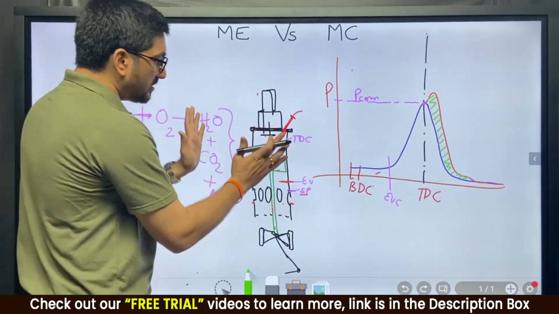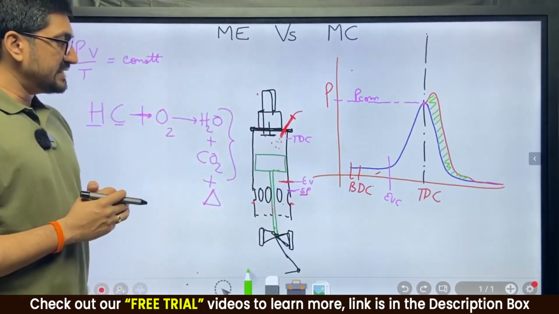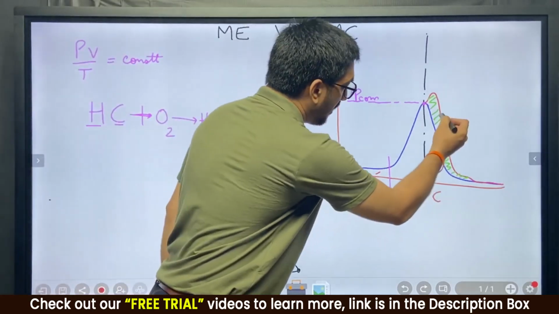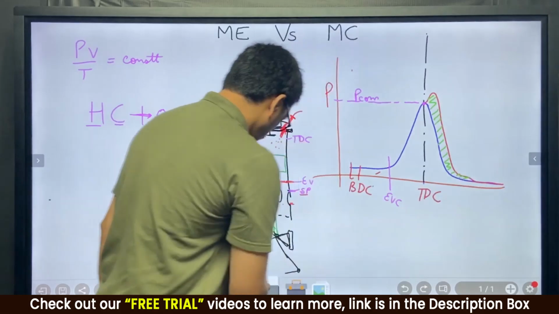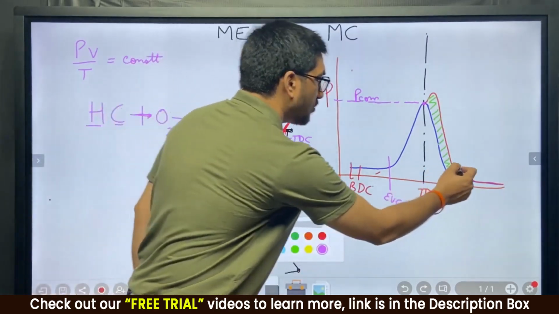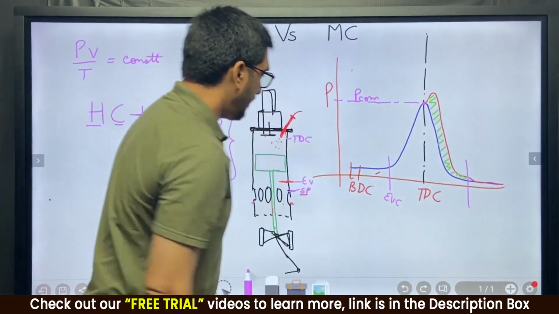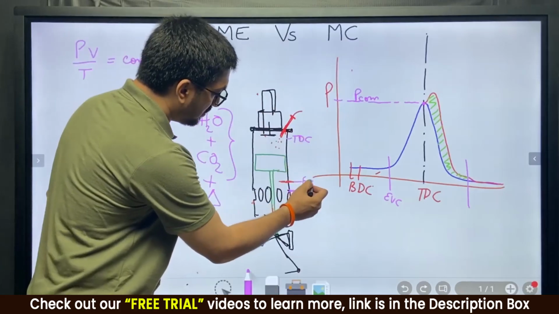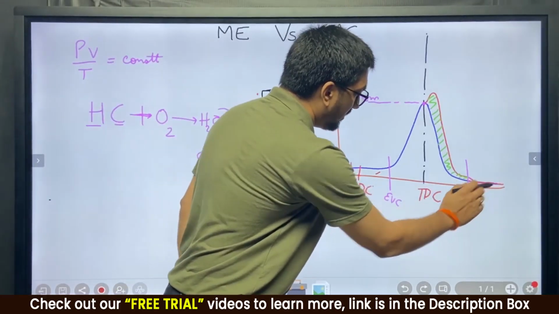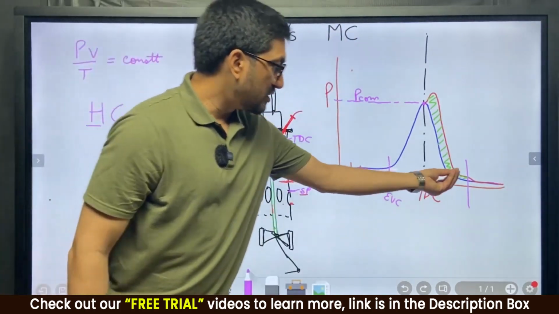Anyway, so this is the two-stroke diesel engine cycle, and after a certain time, what is going to happen? The exhaust valve will open as the piston is coming down, and suddenly the pressure will drop.